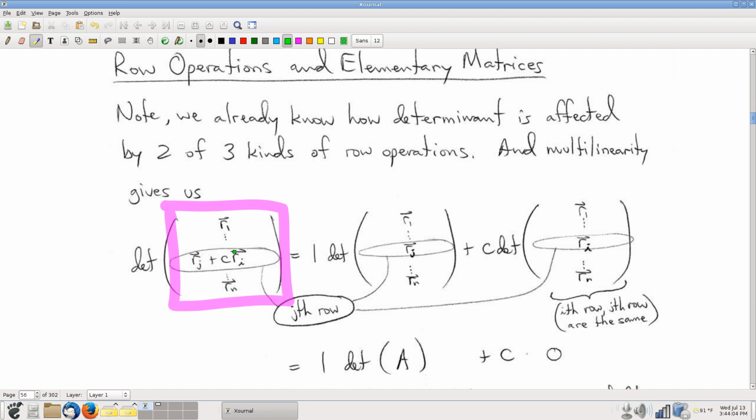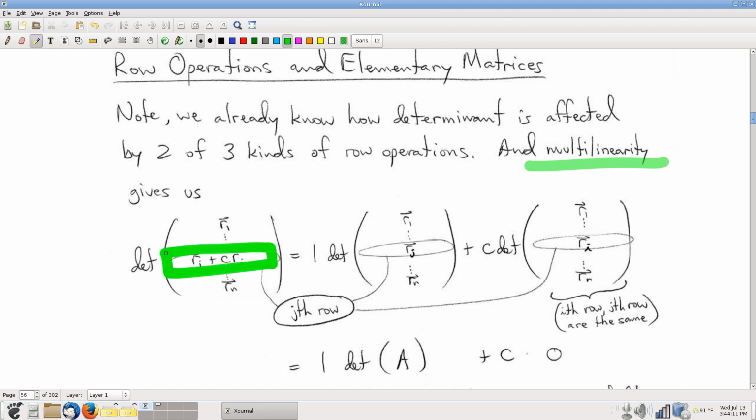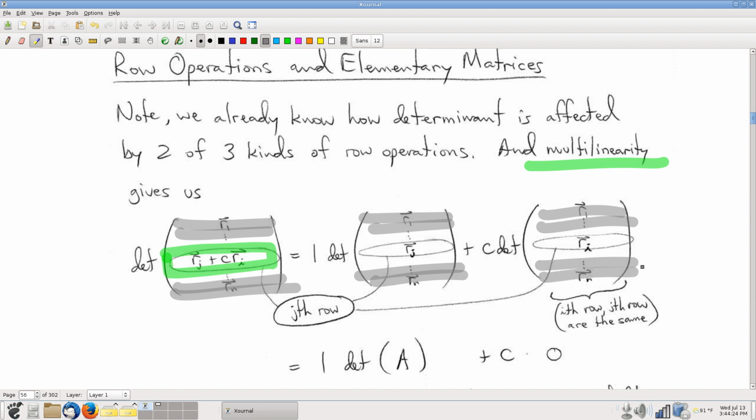Alright, so what I'm going to do is again apply multilinearity. Multilinearity says that if you have a linear combination in one of the vector entries of the matrix, and you hold everything else constant and fixed, none of that down here is allowed to change, then you can take this linear combination in this position and expand it to the outside.